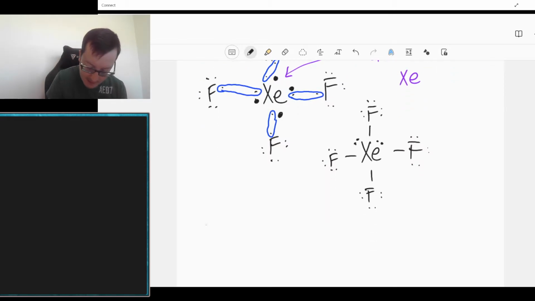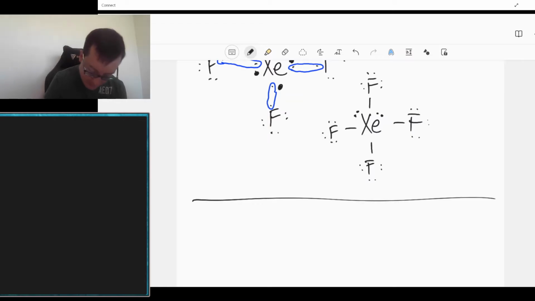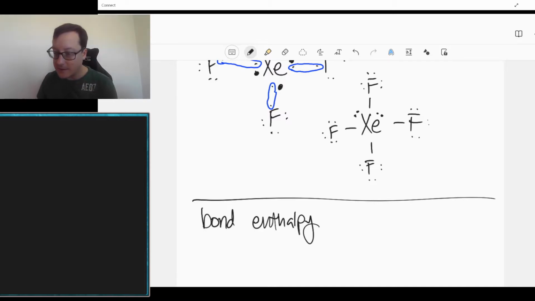Alrighty, so that's that. Let's talk about delta H. We're going to see that bond enthalpy is another way for us to calculate delta H for a reaction. Because you thought we were done with thermochemistry, right?